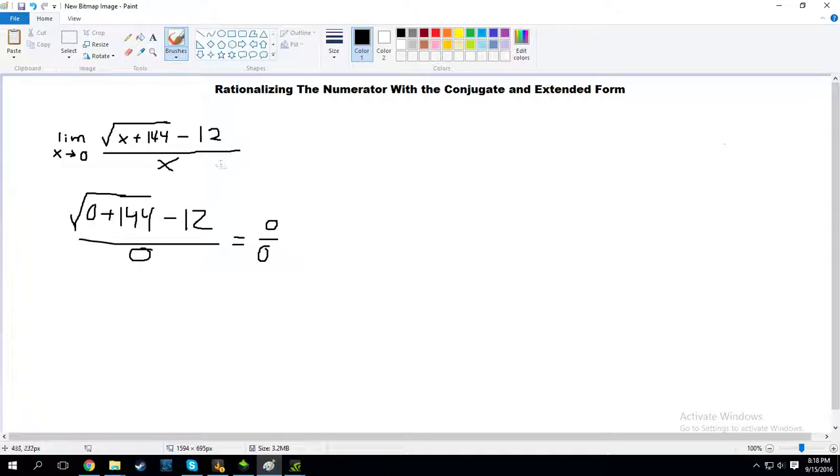Now, the way to find the extended function when there's a radical in the numerator, the only way you can find the extended function is to multiply it by the conjugate.